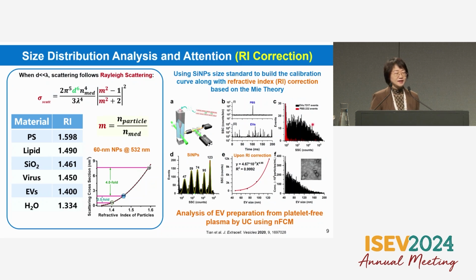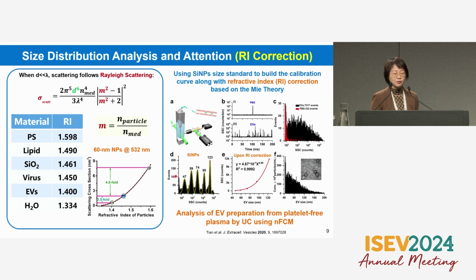For size analysis using flow cytometry, we need to use monodispersed silica nanoparticle size standards to build a calibration curve to convert the scattered light intensity to the particle size. Besides the exponential dependence on particle diameter, the scattered light intensity is also influenced by the refractive index of the nanoparticle.